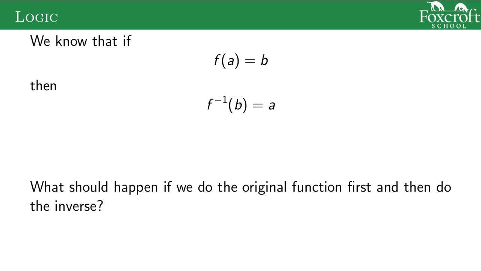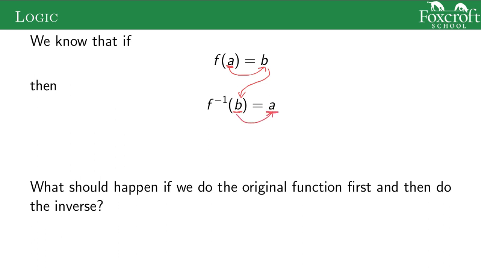Well, first we need to figure out what should happen if I combine a function and its inverse. So let's just say I'm going to take my original function, I'm going to put in a, and then I would get out b. And now I'm going to take that answer, this b, and put it into my inverse, and that gives me out a.